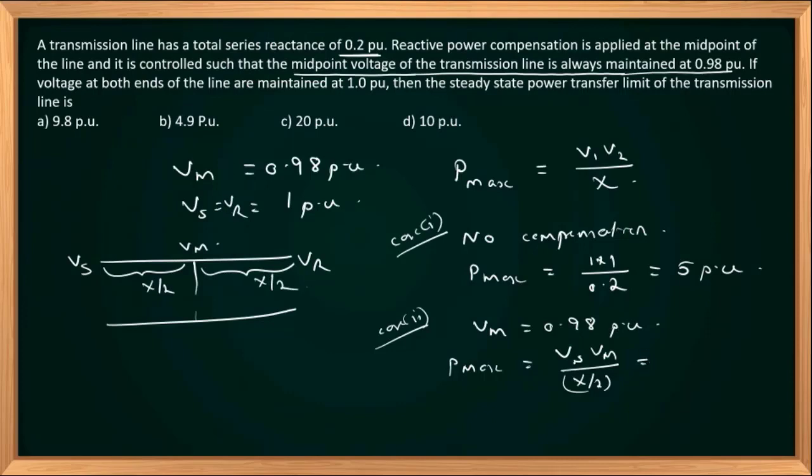So I can write this as Vs into Vm, or it will be the same as Vr into Vm, divided by X by 2. So in both cases, Vs and Vr are 1. So 1 into Vm, where the value of Vm is 0.98, divided by X, where the total reactance is 0.2.